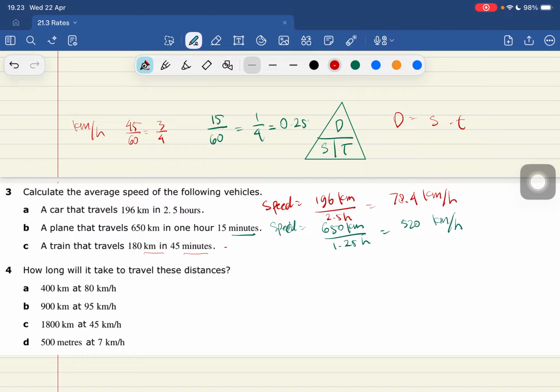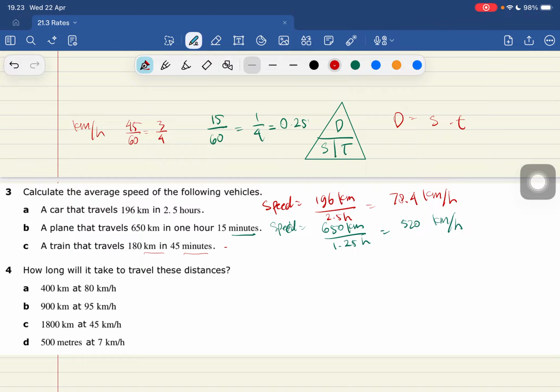So 180 divided by 3 over 4 is 240 kilometers per hour. However, if you would like to keep it as minutes, you just make it 180 kilometers divided by 45 minutes, so the speed is 4 kilometers per minute. However, this is not commonly used, so we always use kilometers per hour.